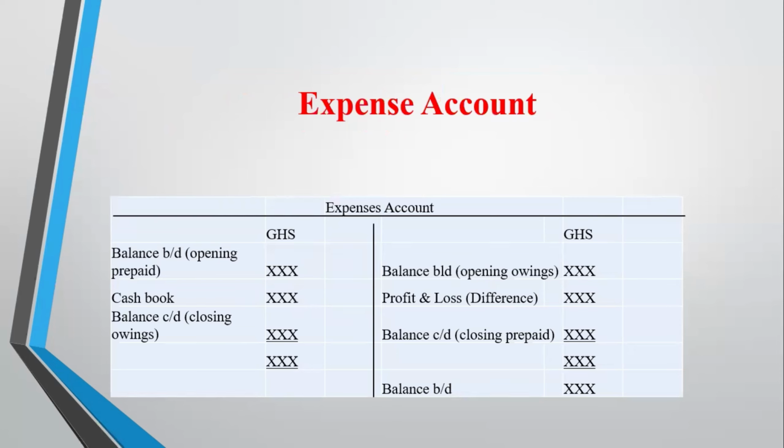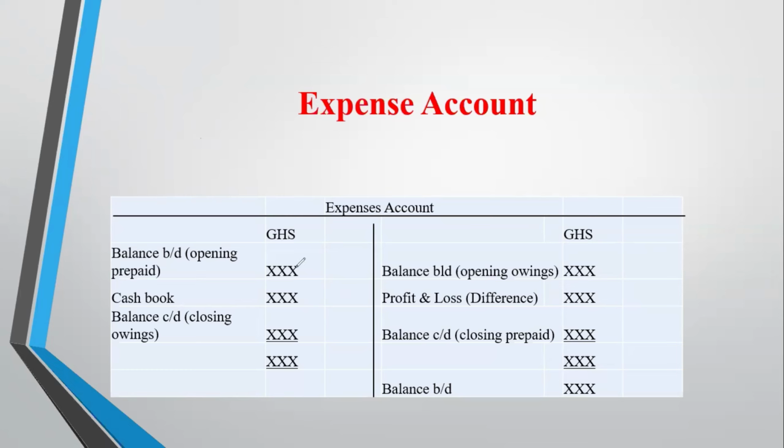So when there is, this is how it will look like. Let me explain this well for you. As I was saying, when there is opening prepaid, this is the expenses account. Let's say the expense you are talking about is electricity.